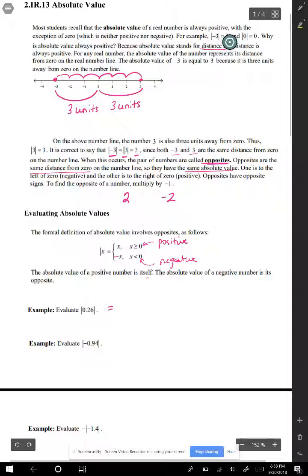On these examples, the absolute value of positive 0.26 is itself, positive 0.26. But the absolute value of negative 0.94 would be the opposite, or 0.94. So anytime you take the absolute value of a number, whether it's positive or negative, the result is always positive.